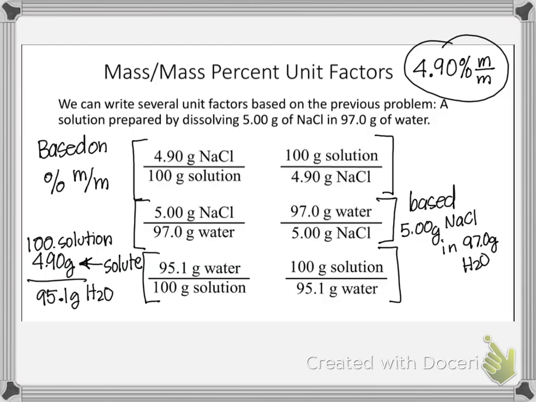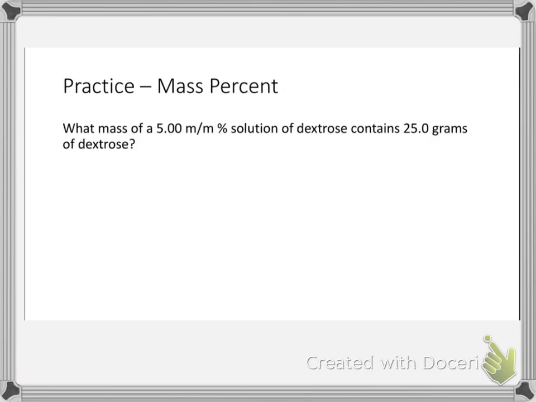And you know, every time we do unit factors, what we're doing is like conversions. So let's look at a problem and see, okay, what kind of unit factor am I doing? Because this is just all the kinds of unit factors we can get. Well, a problem would just use one unit factor. So it says, what is the mass of a 5 mass to mass percent solution of dextrose containing 25 grams of dextrose?